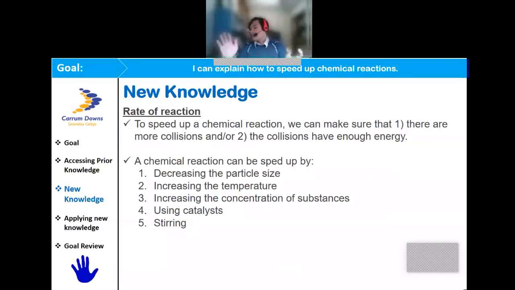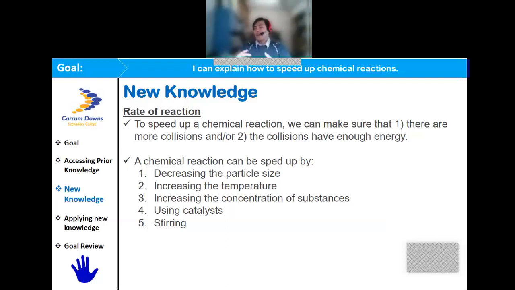Next is how we can speed up chemical reactions. If you think about collision theory, that means we can do two things. First, because it's all about collisions, we need to make sure there are more collisions.